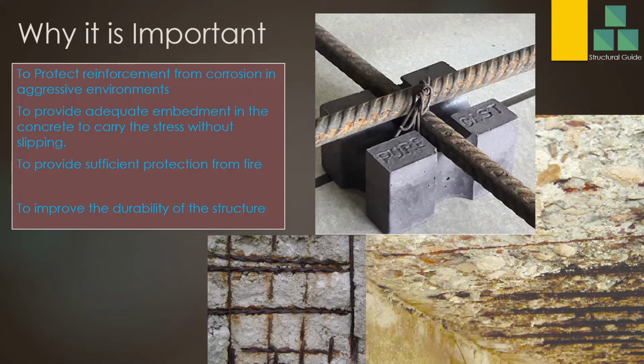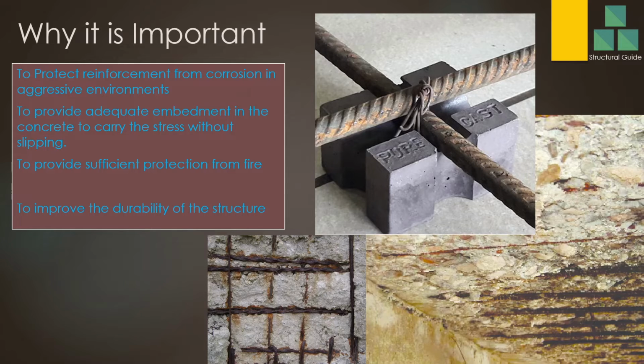If we have sufficient depth or cover to the reinforcement, the time for these chemicals or materials to reach it will be different. Sometimes we may not be able to avoid the corrosion of reinforcement, but we can delay it.